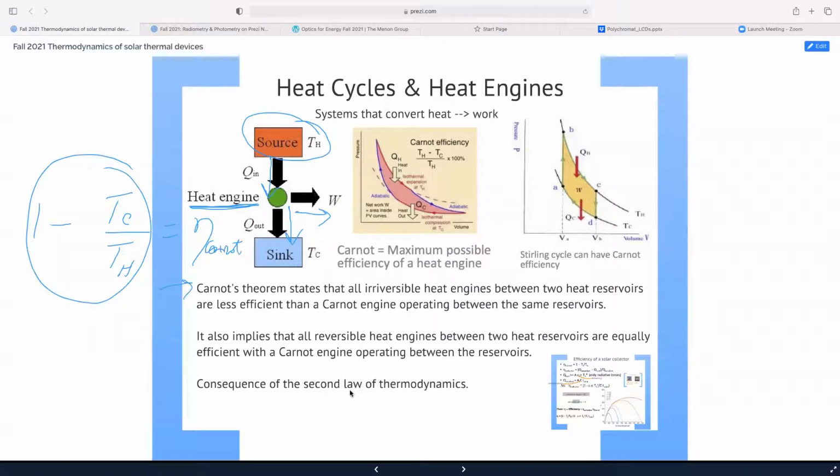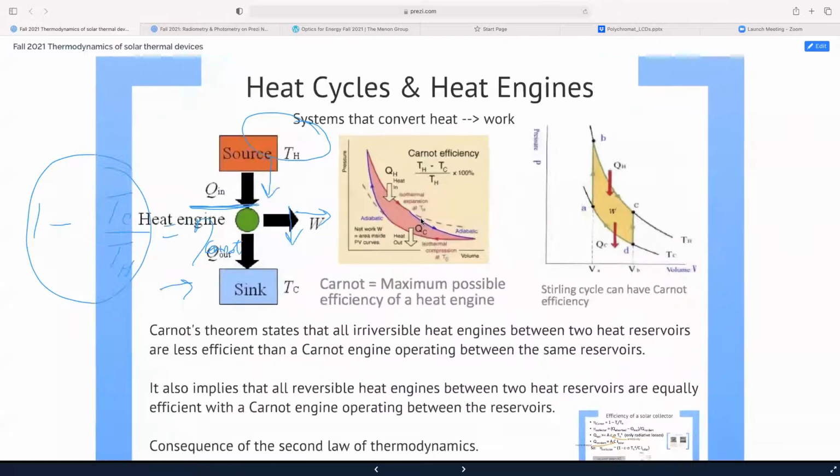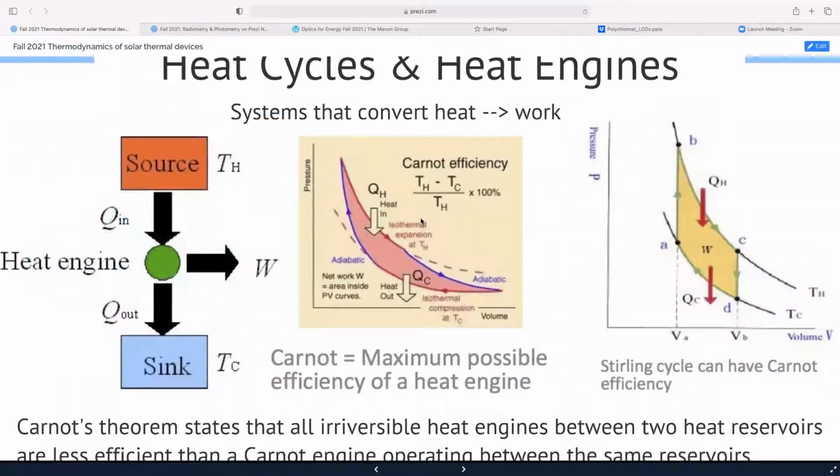Now, the Carnot efficiency can be thought of from the context of a gas system in a pressure volume diagram. You have seen this before, but let's go through this very quickly. It's a cycle, first of all, an expansion compression cycle, as we saw in the refrigerator. Here, of course, we are looking at ideal situations. It does not exist in reality.